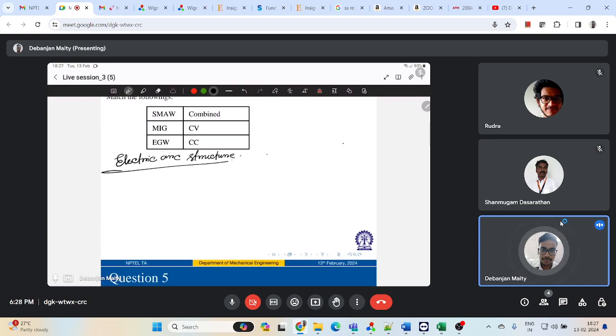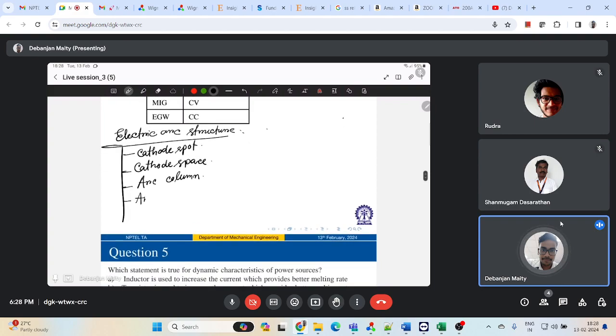We can distinguish this arc structure in five different regions. What are those? You can have something called cathode spot. You can have something called cathode space. Then you have arc column. Then you have anode space and anode spot, finally.